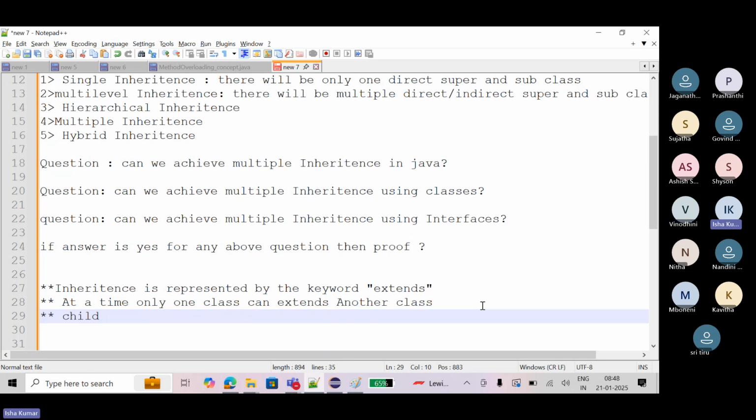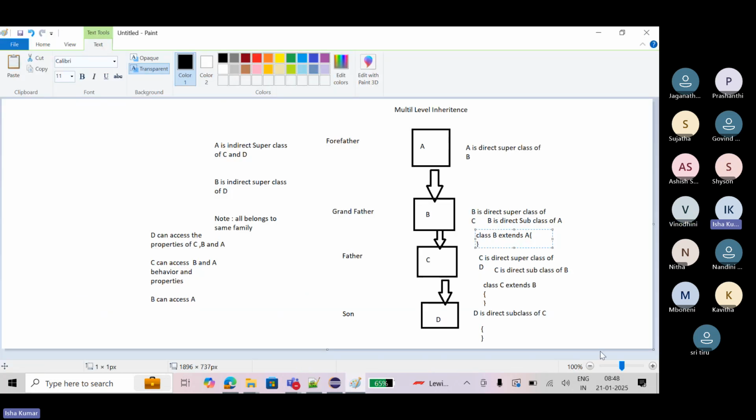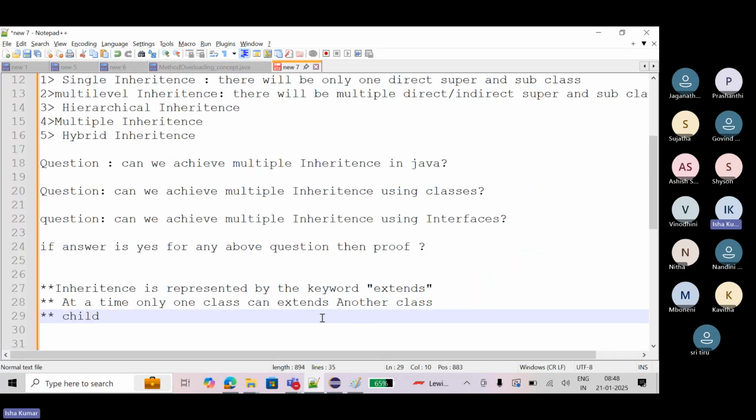No, no. See, child class, how will he extend himself? First of all, can I extend myself? No, this is wrong. I said class C extends B and A, you cannot write that, it is syntactically wrong.